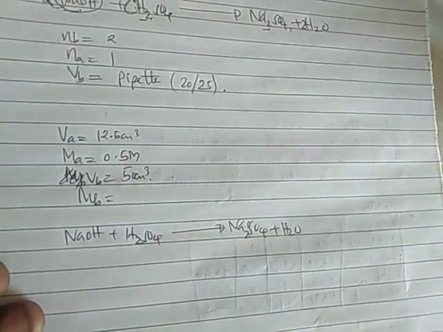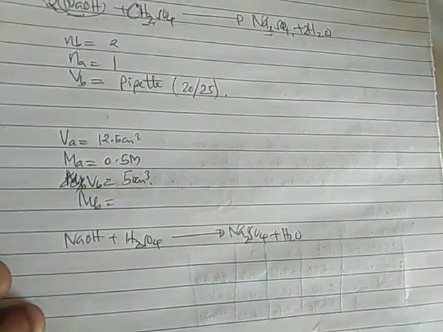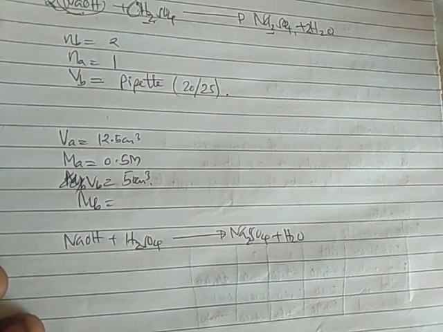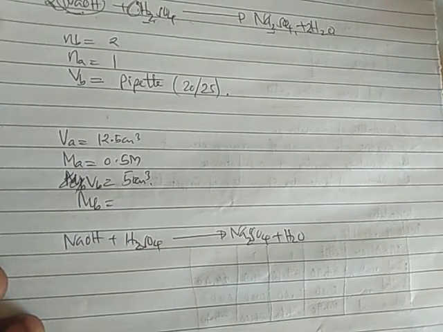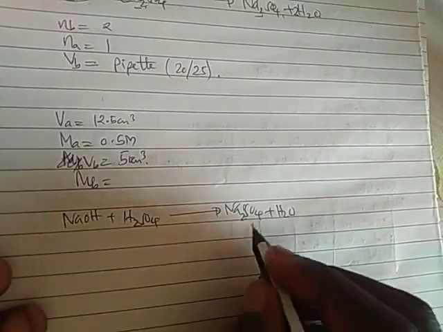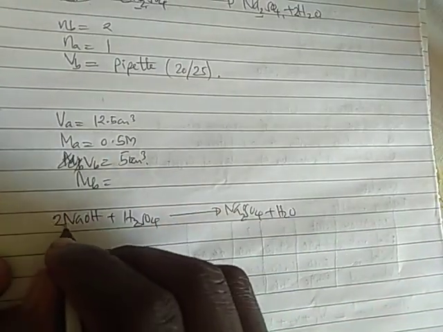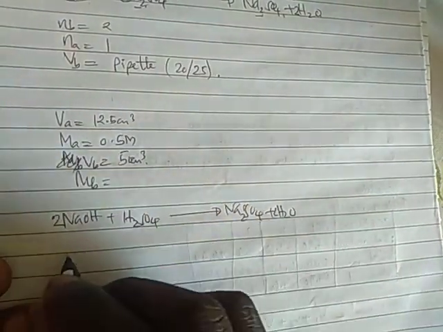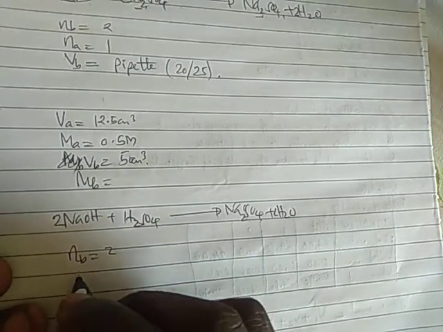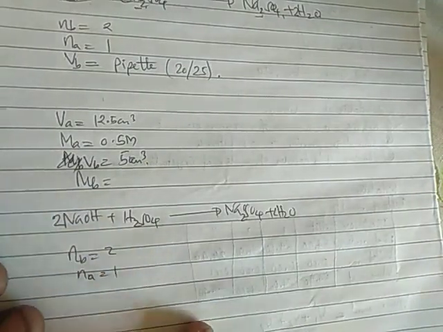Kama ukuelewa kwenye topic ya balancing chemical equation na ukuelewa concept ya acid base and salt, maswali yaweze kuyafanya. Kwa hiyo toka hapo tunakuja tukibalance hapa, sodium itakuwa 2 na hapa itakuja 2. So number of moles of base is sawa 2, number of moles of acid is equal to 1.